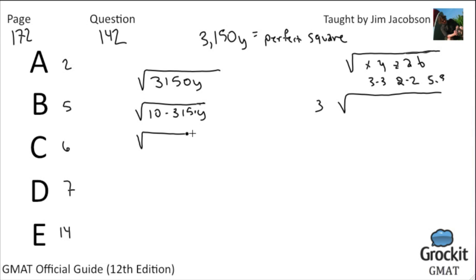which is the same thing as 10 times 3 times 105. 315 is the same thing as 3 times 105. And now we're starting to get to some prime factors. 10 we can also break down, and 105 we can break down. So this is 5 times 2 times 3. 105 we have to do more with. 105 is 5 times 21.